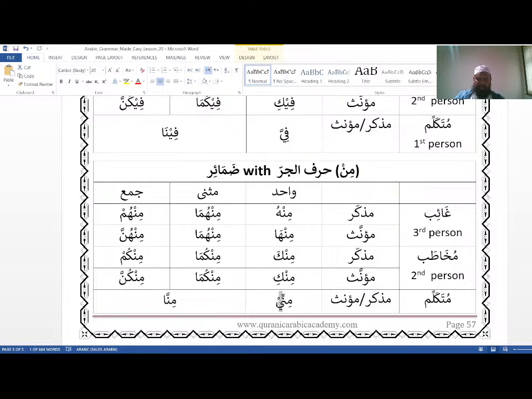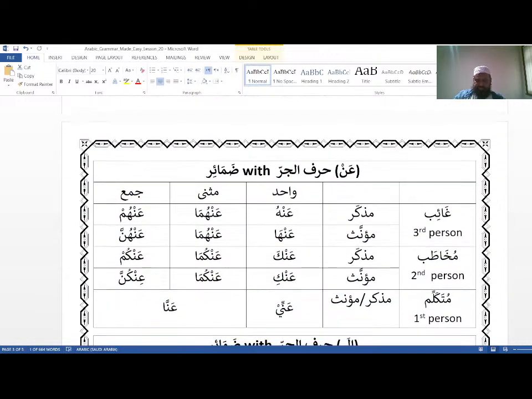The ye, ya mutakallim, and na, or jama. So it doesn't matter whatever harful jar you add, these will remain the same, the damir. Minhu, minhuma, minhum, minha, minhuma, minhunna, minka, minkuma, minkum, minki, minkuma, minkunna, minni, minna.